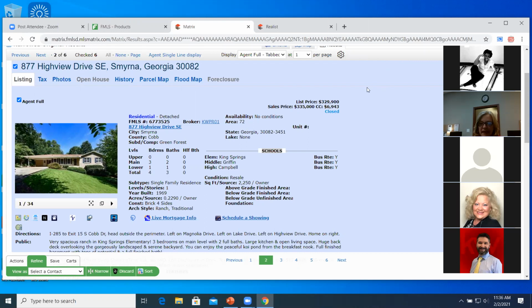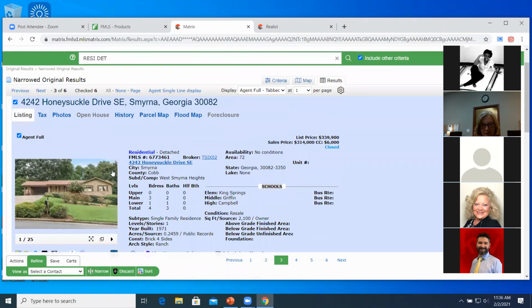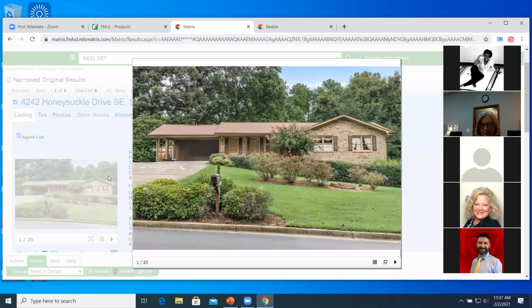So this one is really not that comparable, because it doesn't even have the updates ours did, but it sold for more. This looks like a similar situation, to be honest with you. A brick ranch neighborhood sold for 314. Let's take a look and see what it's got. Horrible pictures. Look at those curtains, the way they didn't stage this very well.